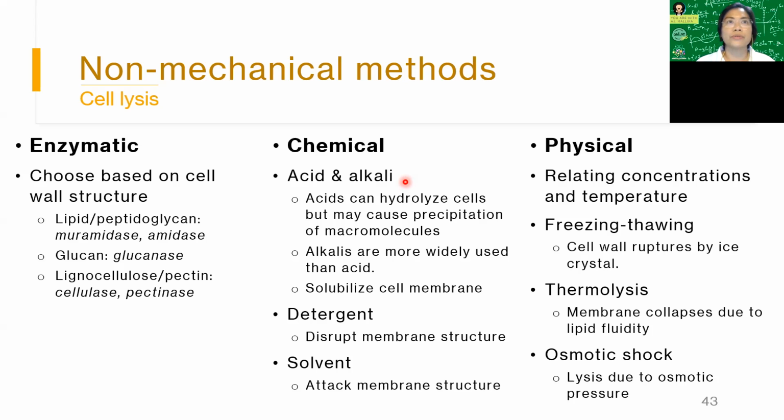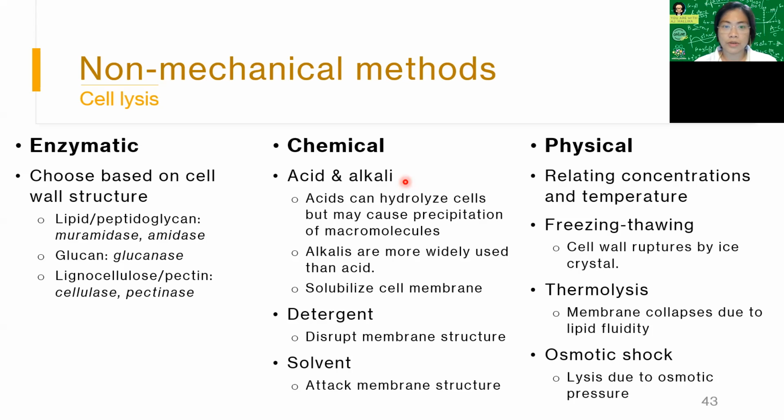So you need to understand as well whether the product inside the cell interacts with the chemicals that you are going to use or not. Alkaline is more widely used than acid in cell lysis, but again, it depends on the product. You need to understand whether your product will be destroyed upon using these chemicals or not.